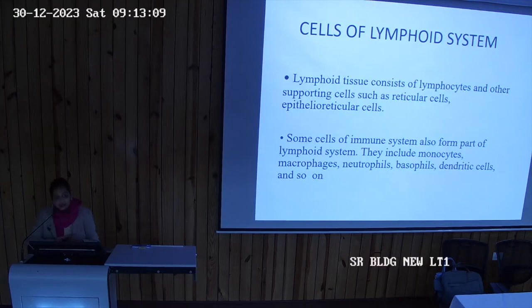And some other cells of the immunity system are also there, for example, macrophages, neutrophils, basophils, dendritic cells and so on. So major component of lymphoid system is lymphocytes, and other immune cells are also present. Along with this, the structural framework is supporting cells, reticular cells and epithelio-reticular cells.